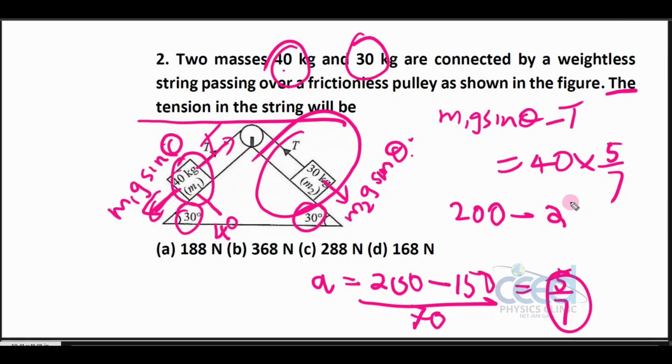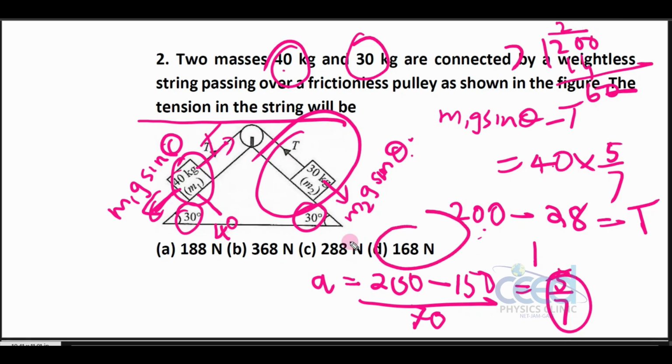Then 200 minus 28 equal to tension. 200 by 7 is approximately 28, so 200 minus somewhat is approximately 168, so 168 Newton will come.